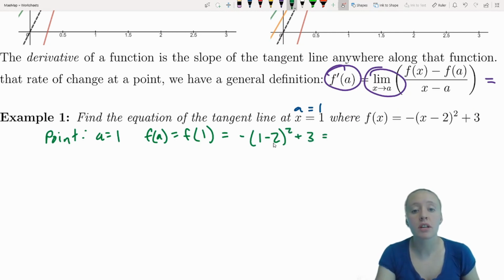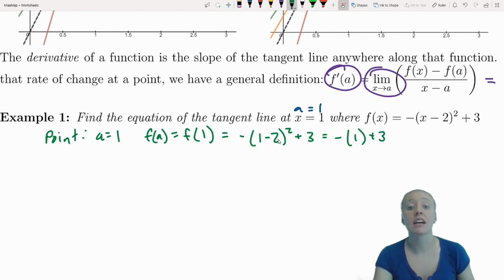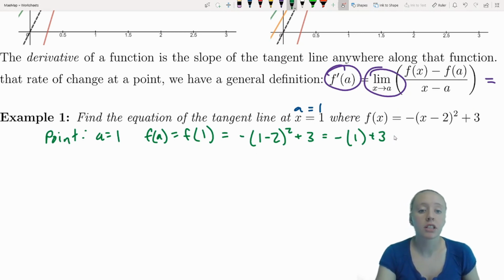1 minus 2 is a negative 1. Negative 1 squared is a positive 1. So we have negative 1 plus 3, because that negative was squared, but I still have that negative out in front. So negative 1 plus 3 is going to be a positive 2, which, hint, this is the graph from up above.